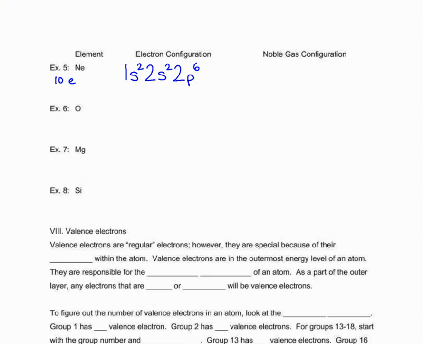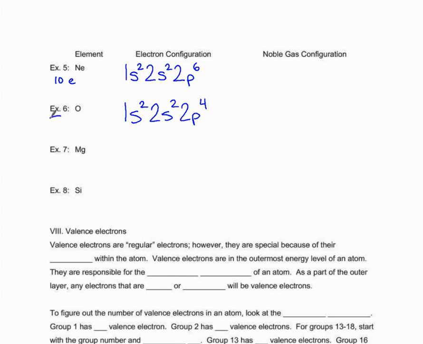For oxygen, so you're flipping back to your orbital diagram. It starts off energy level 1, sublevel S. There's 2 arrows in that box. Then energy level 2, sublevel S. There's 2 arrows in that box. Then energy level 2, sublevel P. There are only 4 arrows in this sublevel, representing 4 electrons.